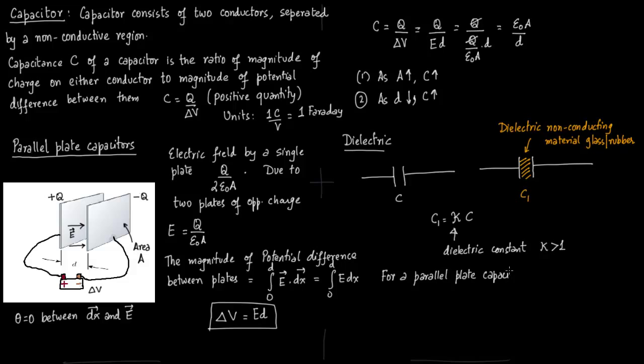So for a parallel plate capacitor, if you have a dielectric, then the capacitance becomes kappa times epsilon 0 A over d. So we have modified the formula for the capacitor by introducing a dielectric in it. There is nothing else in it except multiplication by the dielectric constant kappa.